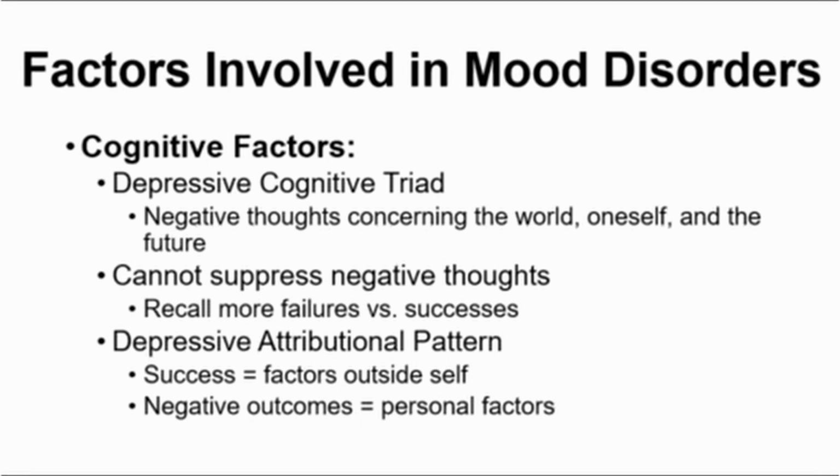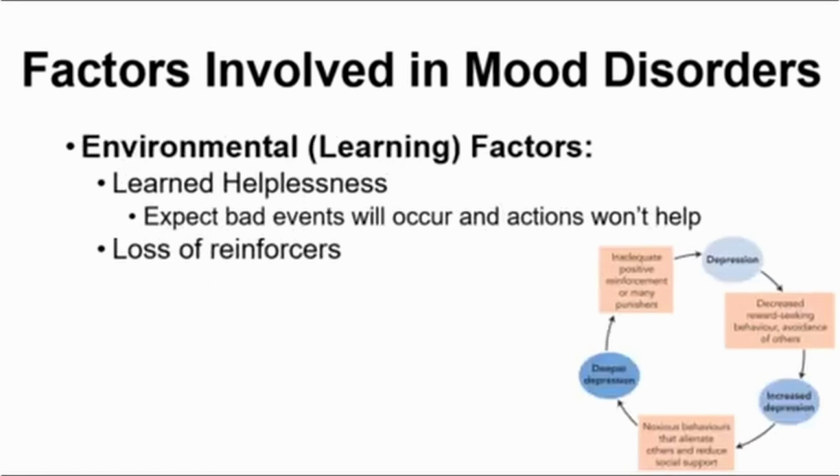That's the same thing here as well. In their depressive attributional pattern, success would be attributed to something in the environment, whereas their failures would be something about themselves. And so these kinds of negative thought patterns end up permeating pretty much everything they think about, and it tends to perpetuate those feelings of depression.